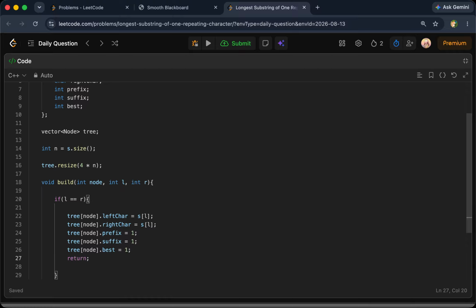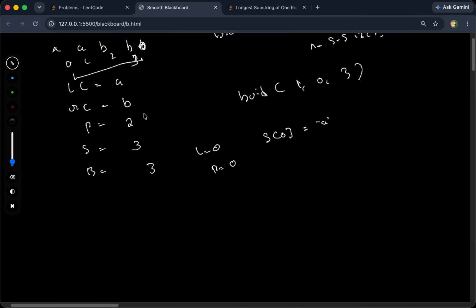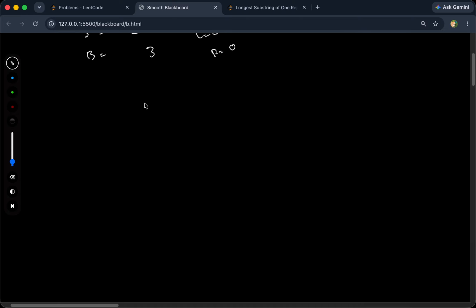Okay, see, if left and right are equal, it means our segment contains only one character. For a, the left character is a and the right character is a, prefix is 1, suffix is 1, and the best is 1. So that's why every value is easy.